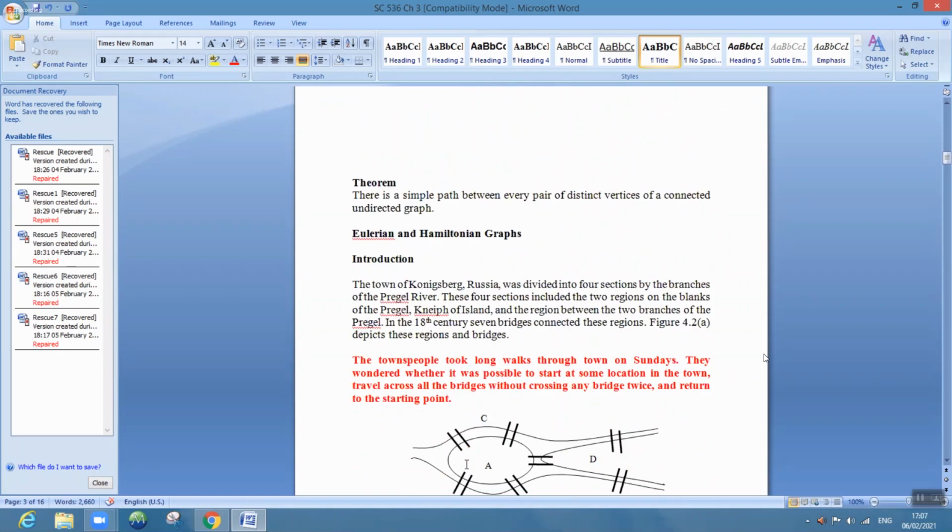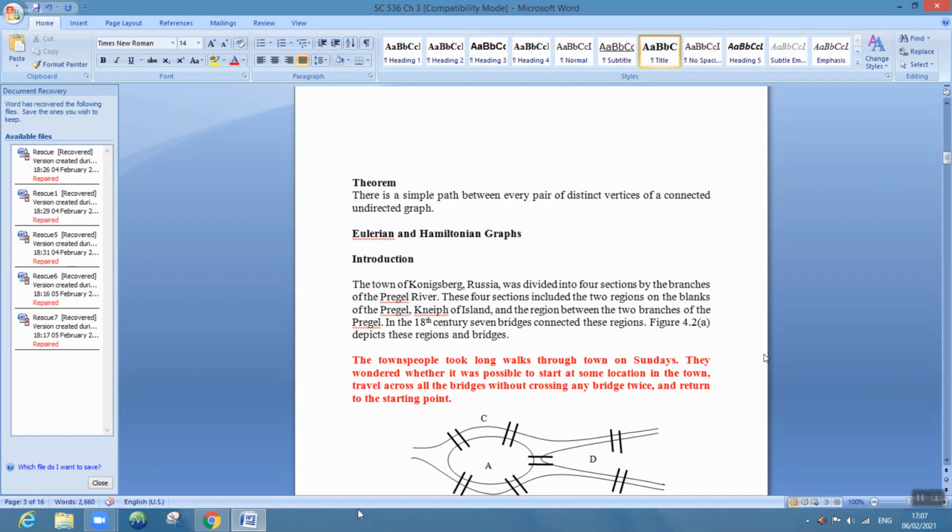Theorem. There is a simple path between every pair of distinct vertices of a connected undirected graph. If you get a connected graph, undirected, we are looking at the undirected; directed graph we'll discuss later as a separate chapter.